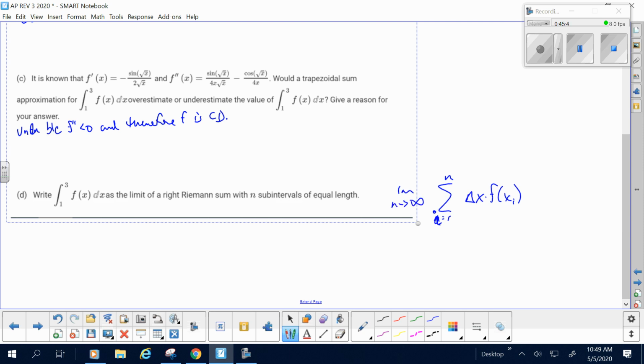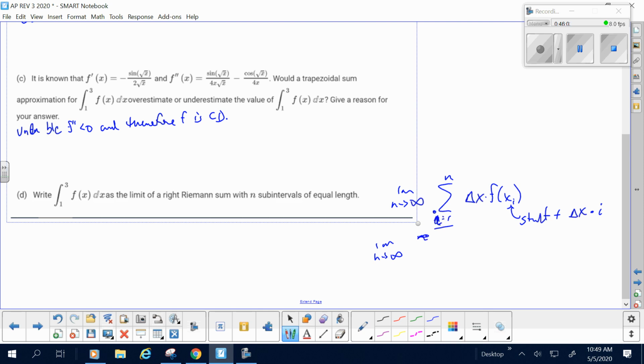You could also use k, I suppose. All right, and then remember, x sub i depends on two things: the start plus the number of delta x's, and the number of delta x's is the counter i. So hopefully you did something like this.